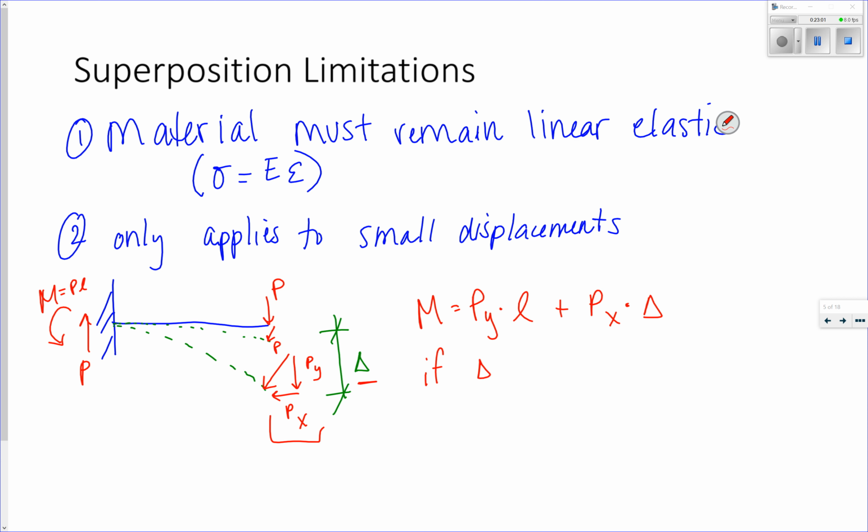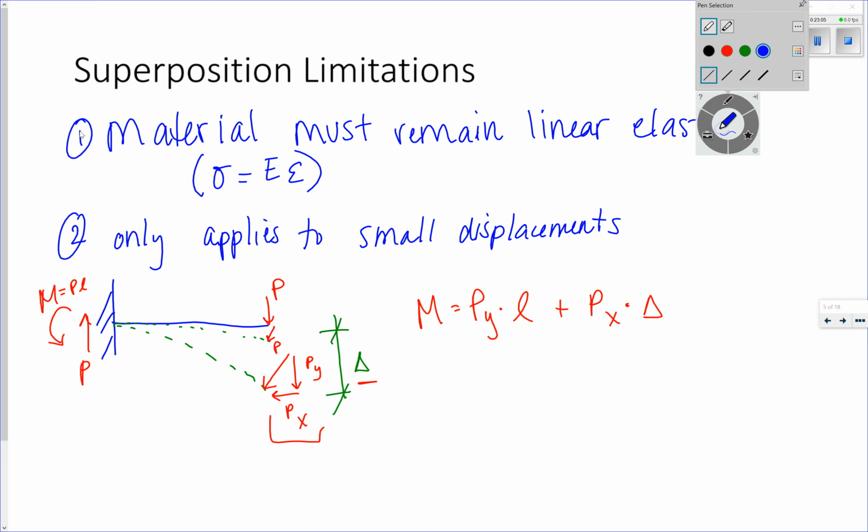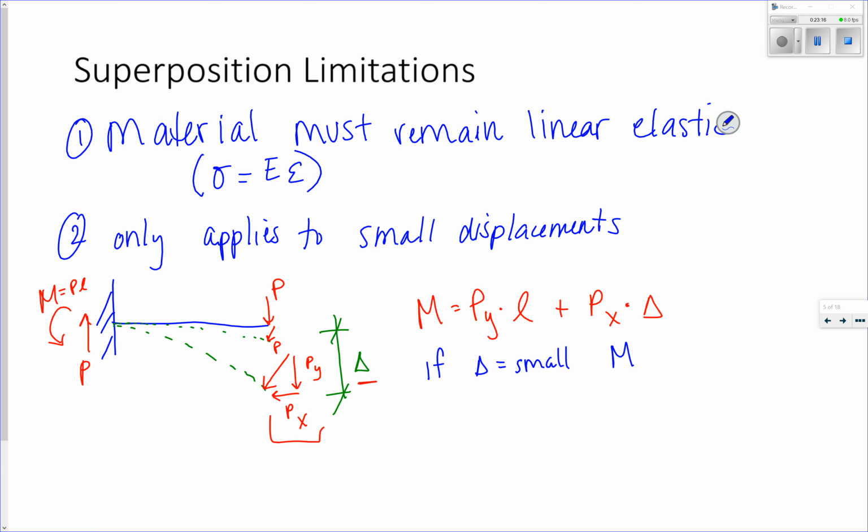If my displacement is small, then my moment is essentially equal to P times L, because basically that Py would be essentially equal to P, and Px would be very small, the deflection would be very small.